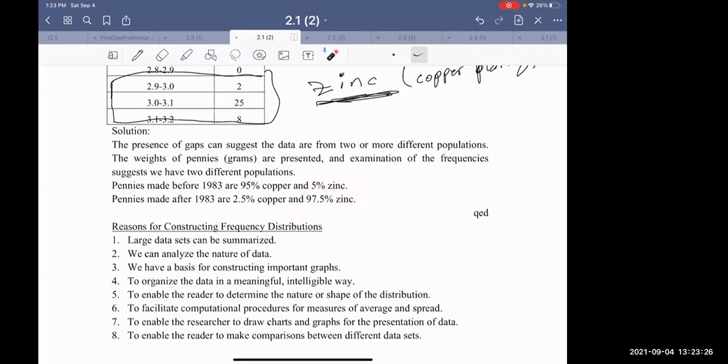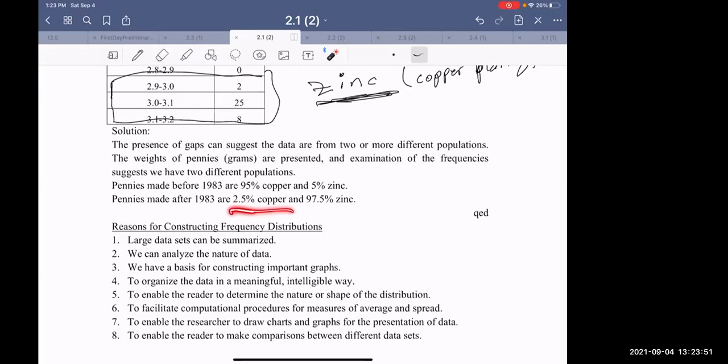But unfortunately, now the whole process costs much more than a penny. I don't remember exactly, it's approaching 2 to almost 3 cents for every penny. So they really don't like pennies at all because they just cost too much to make, and the fact that people don't use them.